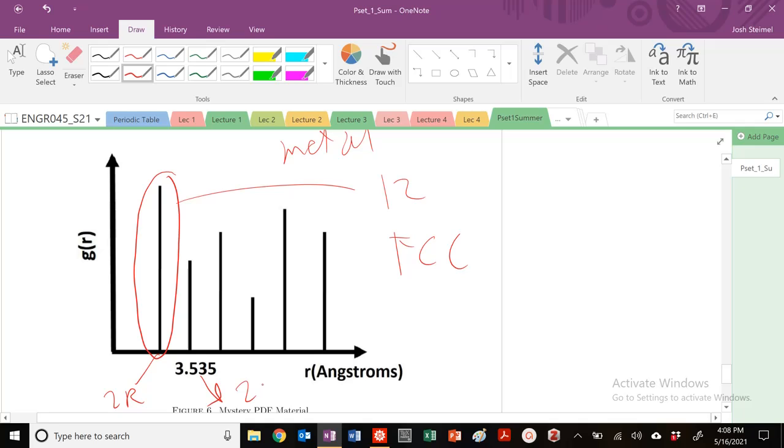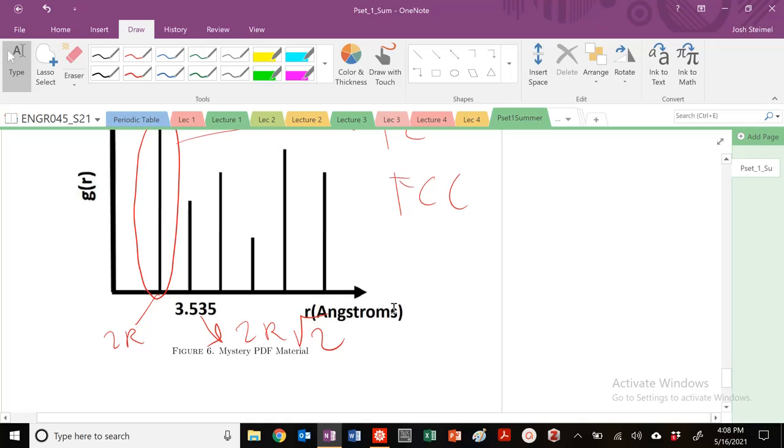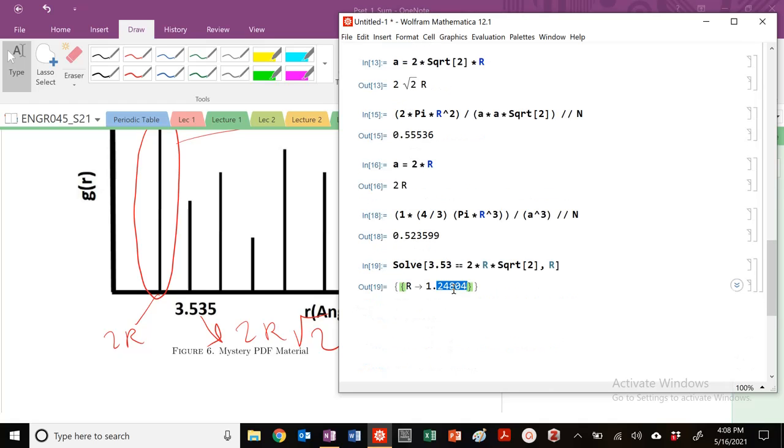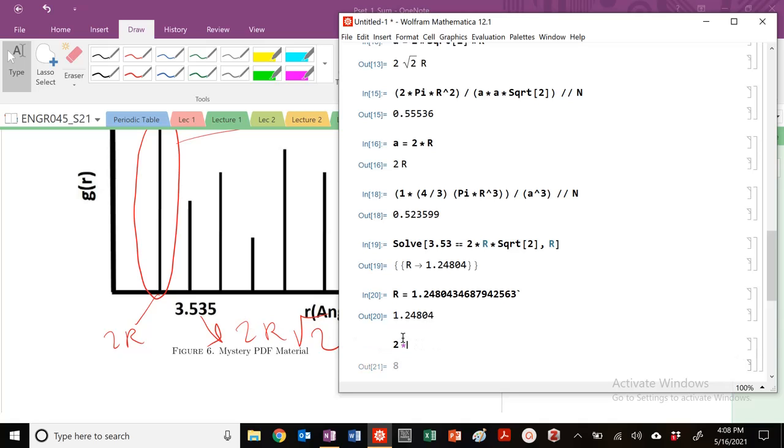which is 2r square root of 2 for an FCC material. So I can go ahead and solve for r. 3.53 angstroms equals 2 times r times square root of 2. Solve for r. That's going to give me 1.248. So my 2r will be 2.5-ish.